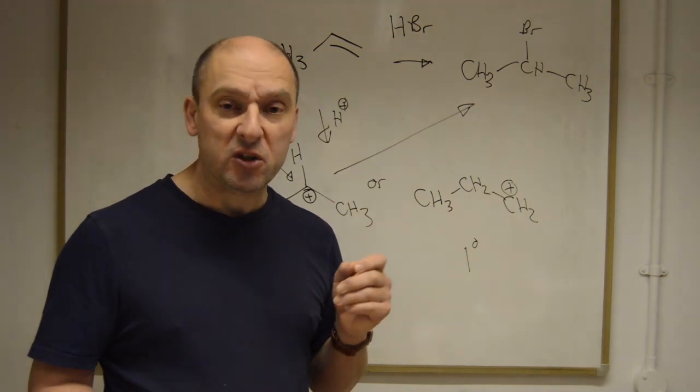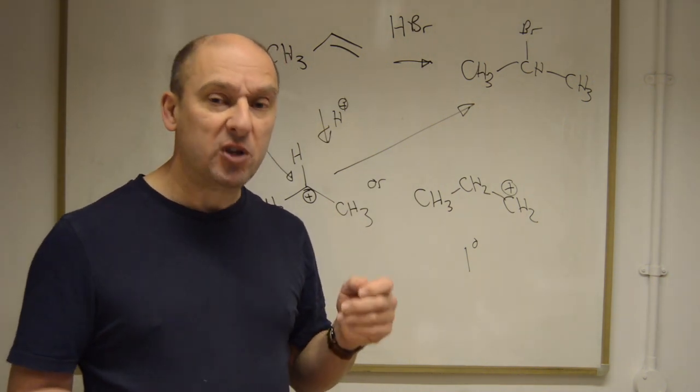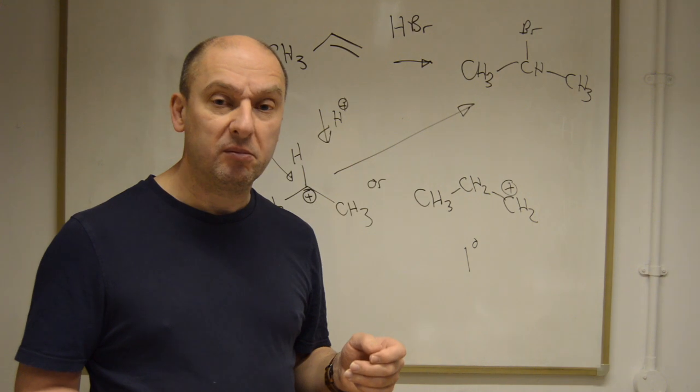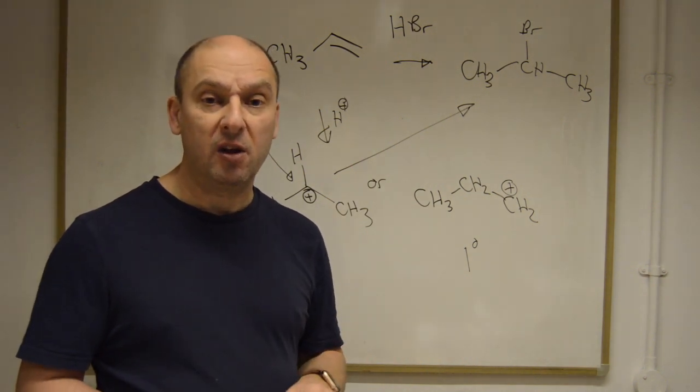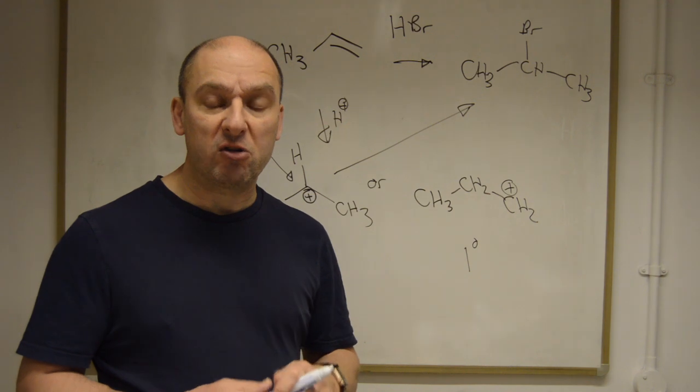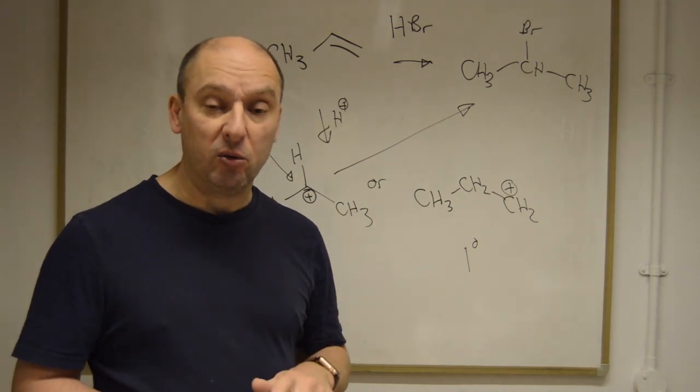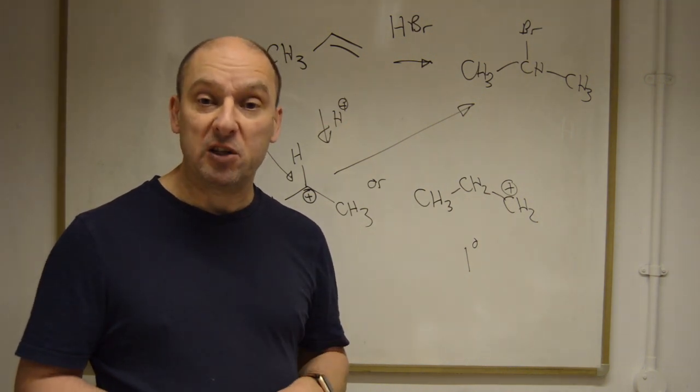So I guess the take-home message is alkyl groups can be electron donating, but it's not an inductive effect. That is, it's not in the ground state in a neutral molecule and due to electronegativity difference.